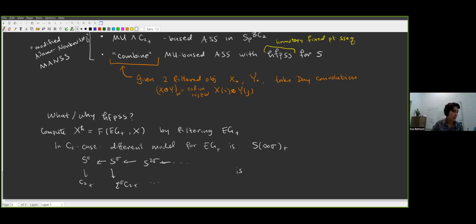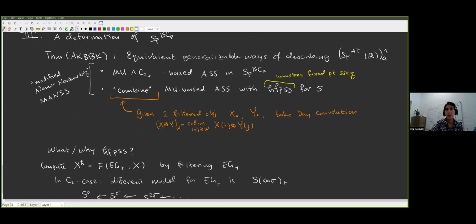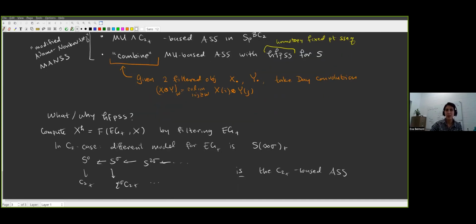And one comment here is that this is the C2 plus based Adams spectral sequence. So based on this, maybe it's not too surprising why the homotopy fixed point spectral sequence is showing up here. The assertion is that if we want to understand the MU smash C2 plus based Adams spectral sequence, all you have to do is combine the MU based Adams spectral sequence with what we've now claimed is the C2 plus based Adams spectral sequence.